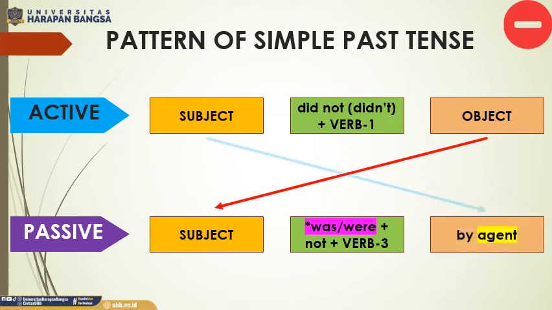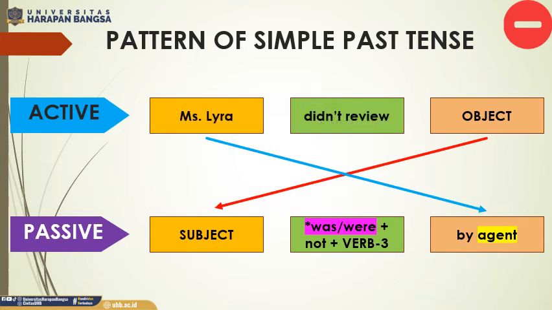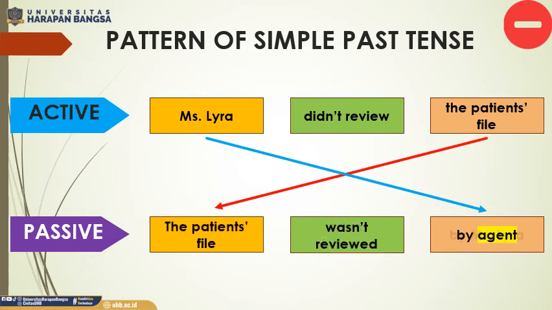And the last is by agent. It's from the subject of the active sentence. See the example here. Subject, Miss Lira. Verb, did not or didn't review. Object, the patient's file. The passive: the patient's file wasn't reviewed by Miss Lira.